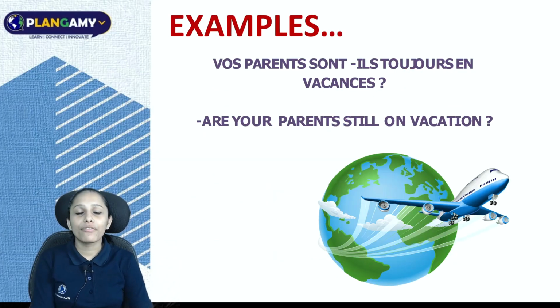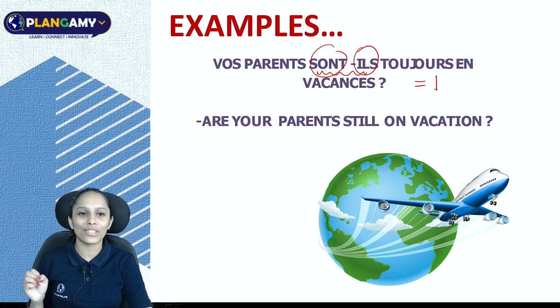Before learning other methods, we have more examples. "Vos parents sont-ils toujours en vacances?" Your parents, are they still on vacation? Could you see "sont-ils"? So we are using the process of inversion here.